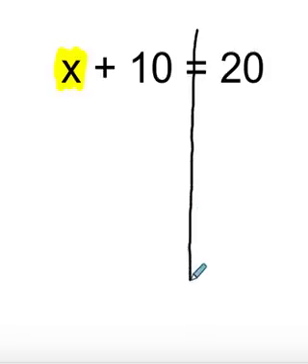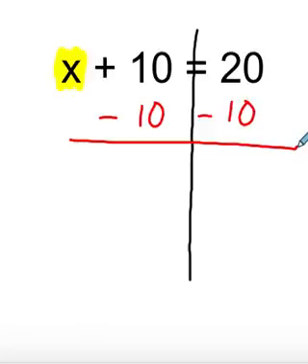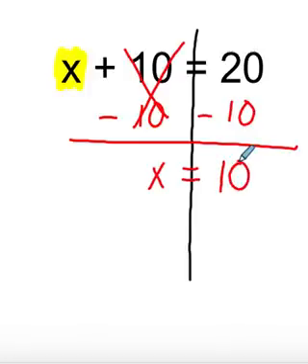So if x is on the left, that means plus 10 has to go. So the opposite of adding 10 would be subtracting 10. I'm going to do that on both sides. A positive 10 and a negative 10 cancel each other out, so that gives me an x. And that is equal to whatever 20 minus 10 is, which is 10. I have all of my steps.